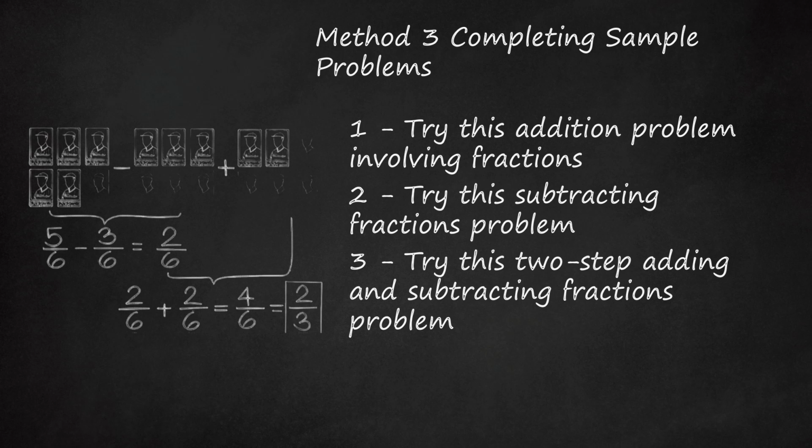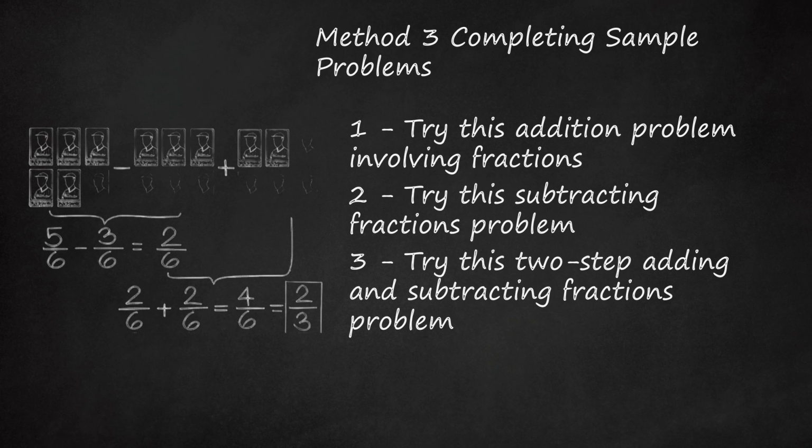To find out how much of the set Donna has after Grace gives her some cards, you must calculate 2/6 plus 2/6. Adding the numerators, you get 2 plus 2 equals 4.